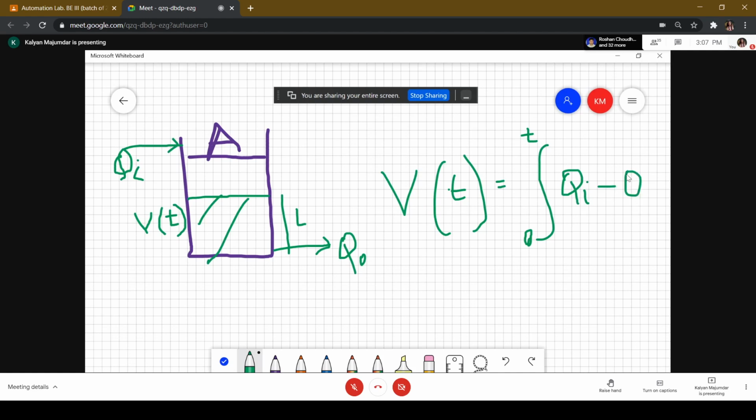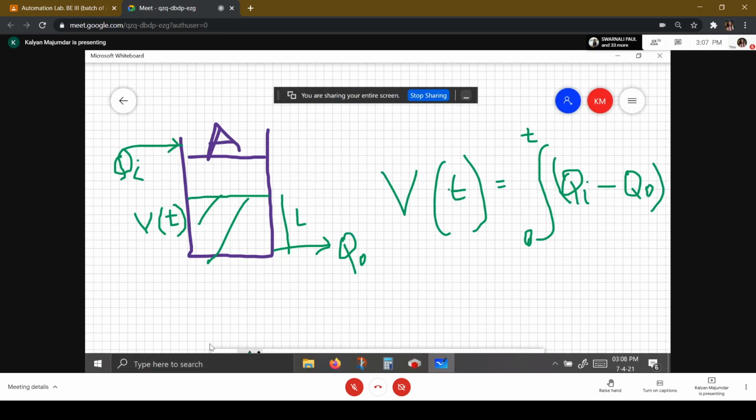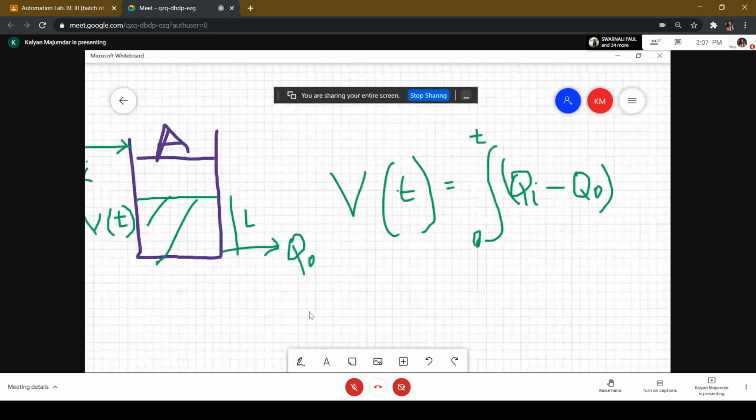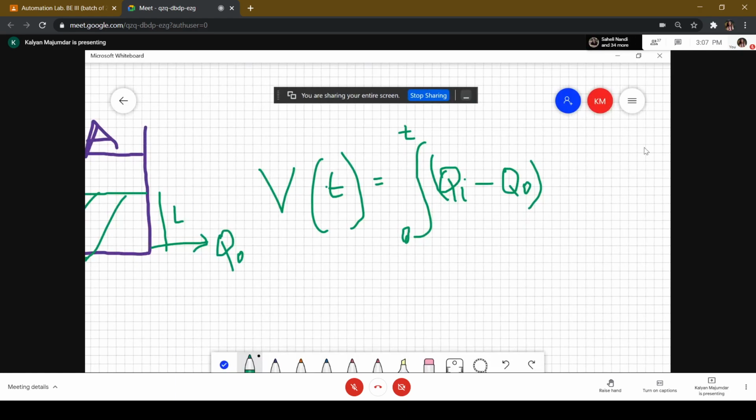Qi is greater than Q0 at any point of time, as long as the pump is operational. Plus what? The volume that existed at t is equal to 0.